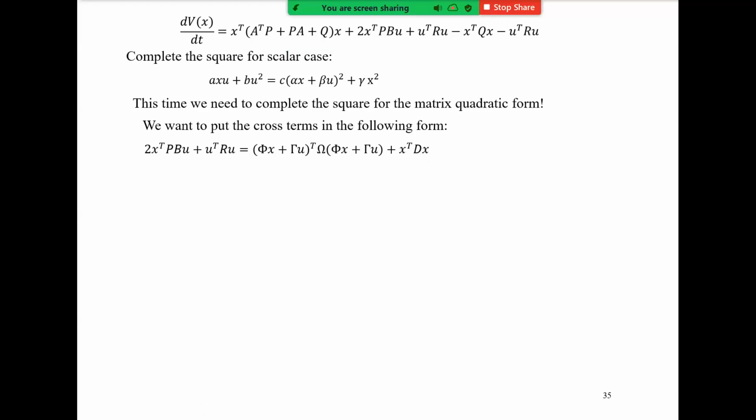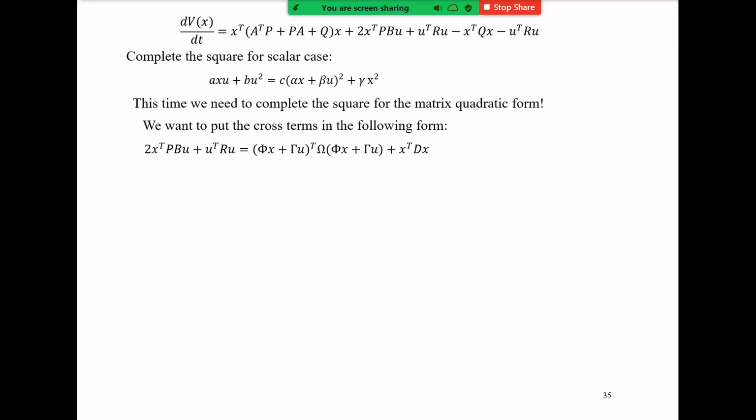Now the problem is, how are we going to find out phi, gamma, omega, and d? Take the problem I started with.